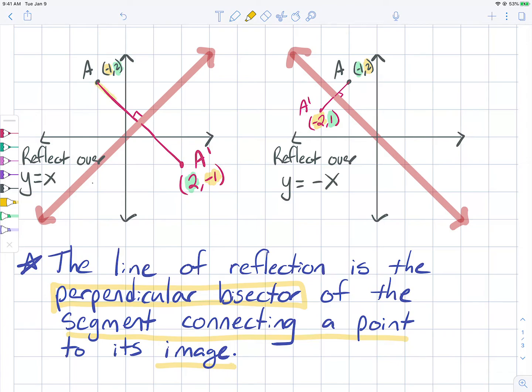So when I made this line right here from A to A prime, I needed it to be perpendicular because if something is in a mirror, it has to be right in front of you. Okay, that's like perpendicular. And the two segments from here to here are going to be the same length. So that's the bisector part. So again, on the other one, this is a perpendicular line and it bisects. So each segment is exactly the same.